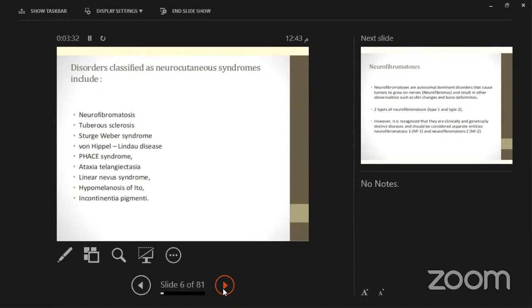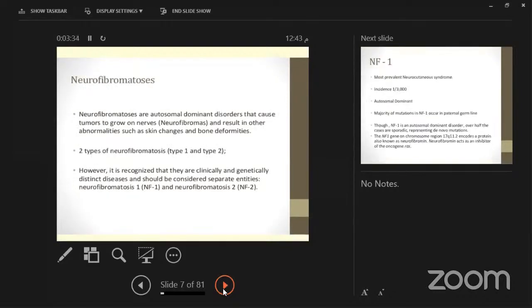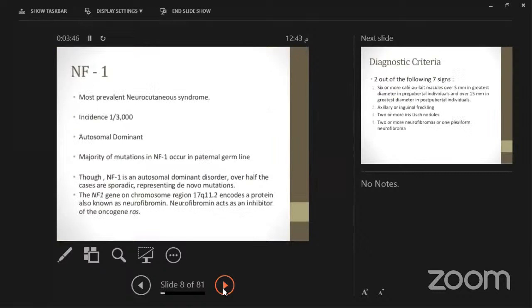We start with the most common, neurofibromatosis. It is autosomal dominant and has two types, neurofibromatosis type 1 and type 2. We start with neurofibromatosis type 1, the most prevalent of the neurocutaneous syndromes. Incidence is about 1 per 3,000.